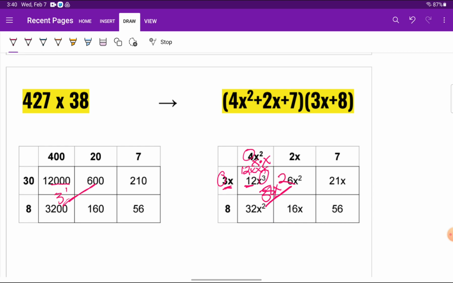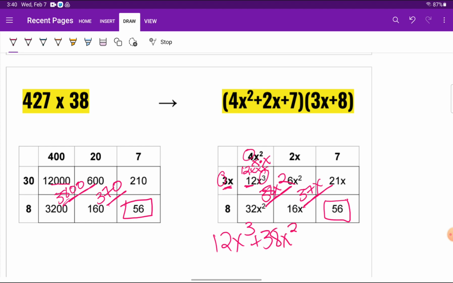Here was our 3,800. 16x and 21x, 37x. Remember our 370 or 37 tens. And our 56 is exactly the same. So we can write 12x cubed plus 38x squared plus 37x plus 56.